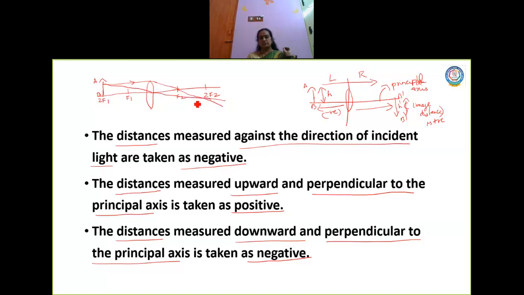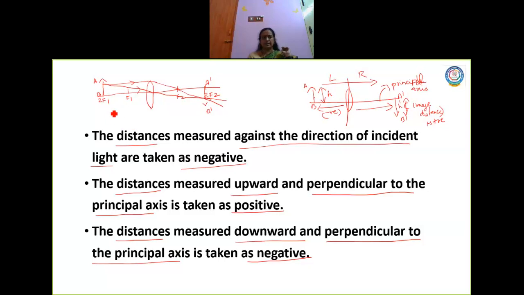So 2 rays I have taken. At this position the 2 rays meet, so this is the position where the image is formed. The image formed is real and inverted, correct? So when the object is at 2F1, the image is formed at 2F2.